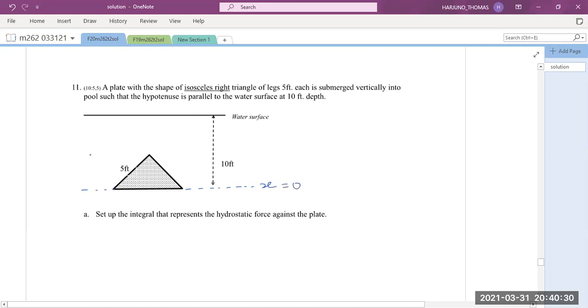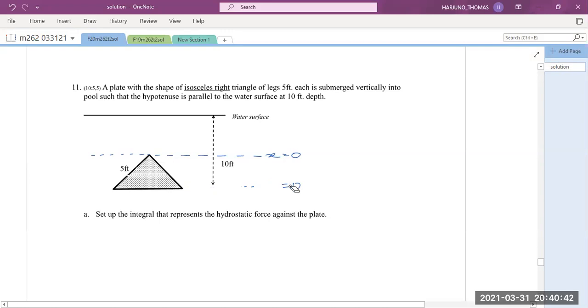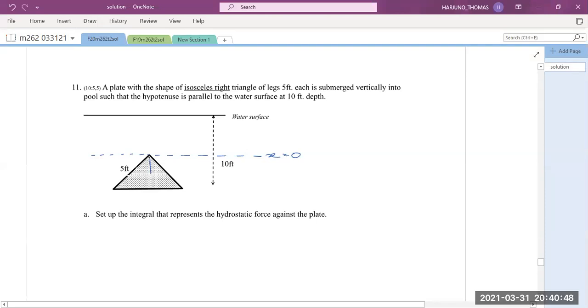Actually, this one is also good if you do it here. That's another choice. I use the second method. You can go either way, but my point is if that's my reference line, then if this is x, what is the width?